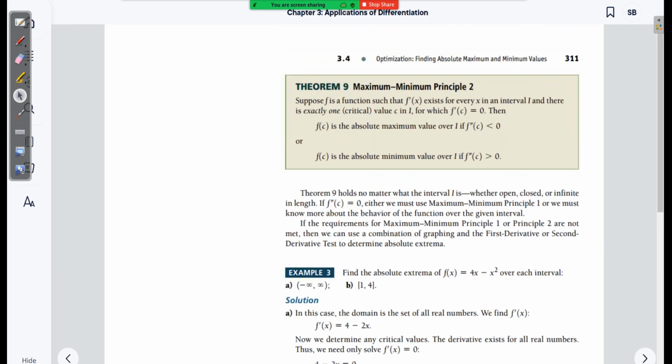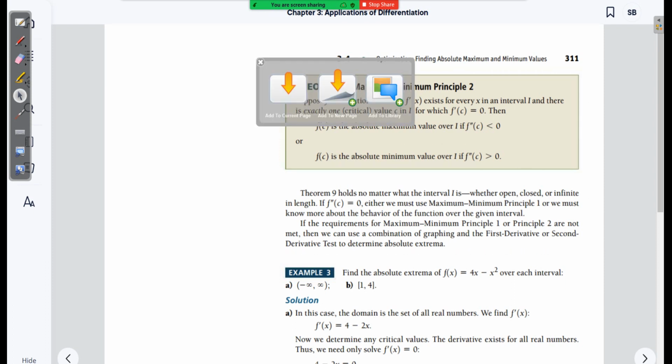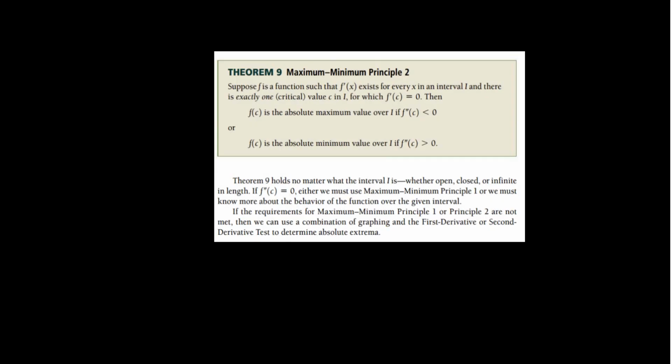All right, so I will put this in the notes, but again, it's exactly what we have done before, looking at the second derivative. Just to refresh your memory, suppose that f is a function such that the derivative of f of x exists for every x in an interval I, and there's exactly one critical value c in I for which the derivative is equal to 0.